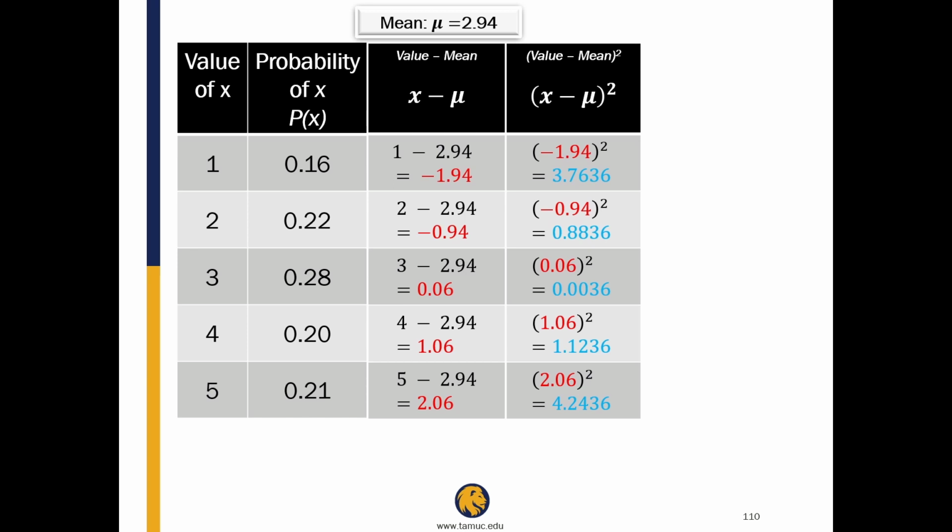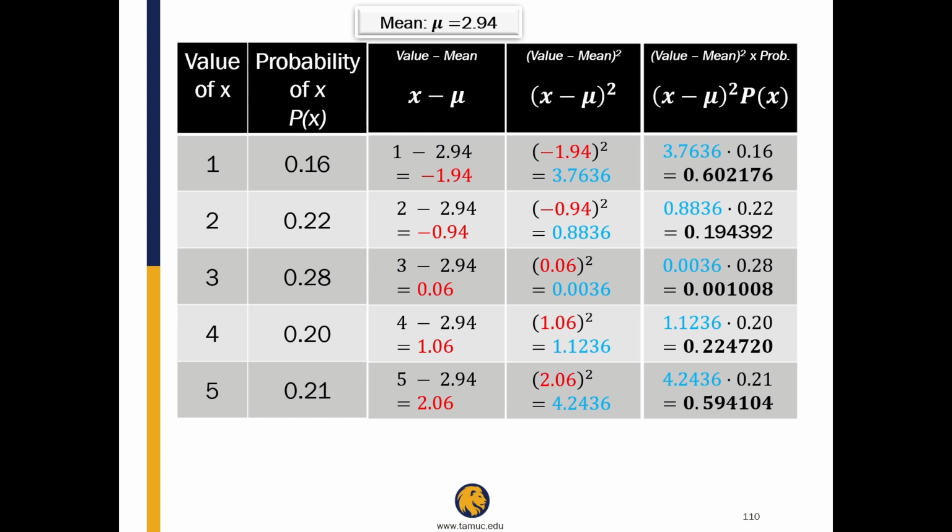After we did the subtractions, now comes the new thing that we're doing in this particular instance. We're going to take each of these numbers after squaring and multiply it by the respective probability values. So we have to do 3.7636 times the probability 0.16, the 0.8836 times the probability 0.22, and so on through the rest of the numbers. So we're going to have some long decimal numbers.